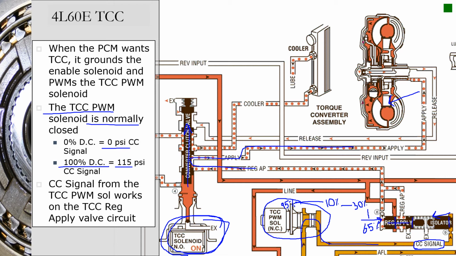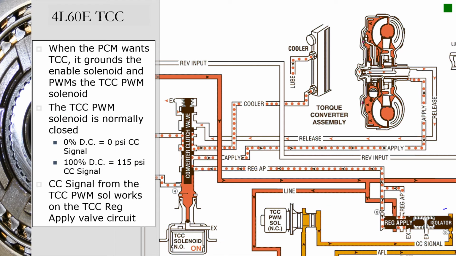I said that backwards. If I have 115 psi of pressure in this converter clutch signal pressure moving this valve to the left, I'll need just a little bit more pressure working on this reaction area here on the side of this valve to overcome it, to move it over, to cut itself off there and not allow more in. All those valves are the same size, so it's just a balance of pressure on each side.